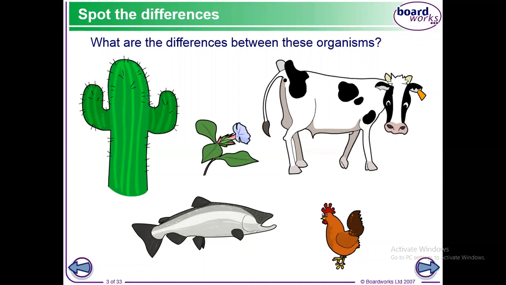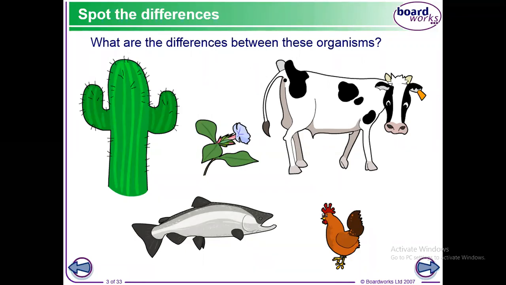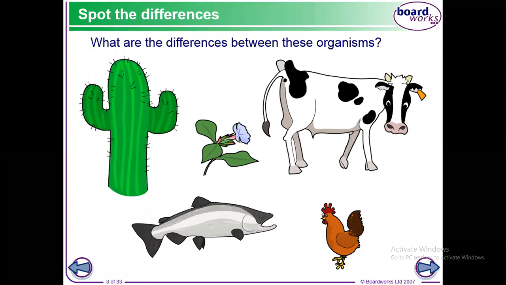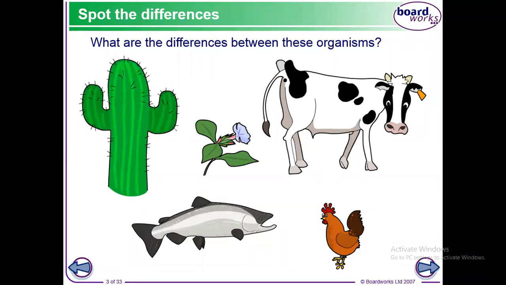The cow is covered with hair. We can say that both the chicken and the fish lay eggs, right? While the cow gives birth and feeds its babies with milk. So there is a major difference between those 5 organisms or 5 living things.